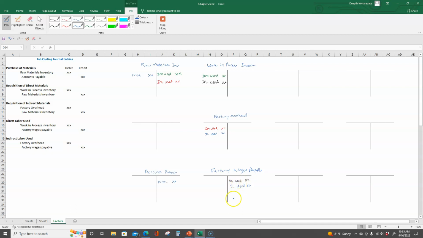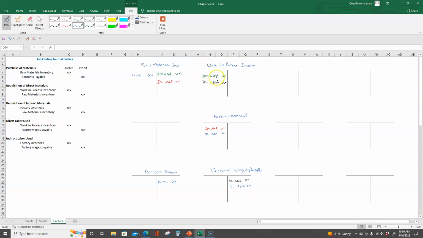We're going to be looking at overhead next. However, I want you to start noticing something about certain accounts. Work in process inventory account is where we record all the information that's in the job cost sheet. So this one will have all the job cost sheet information.